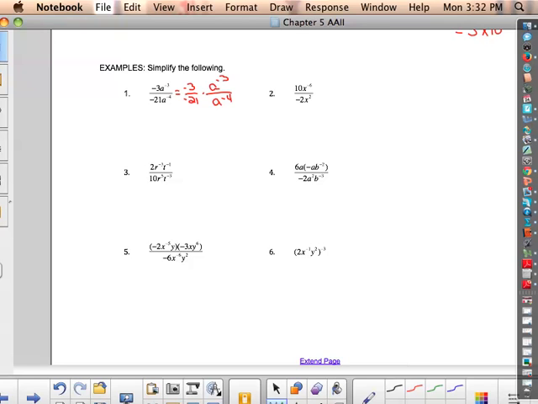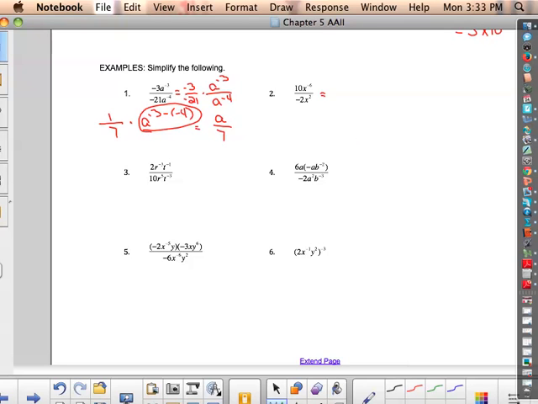So 3 divided by 21, that's going to give me 1/7 times a to the minus 3 minus negative 4, which is going to give me a over 7, because this becomes a to the negative 3 plus 4.